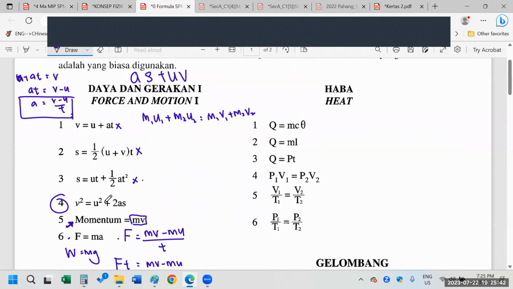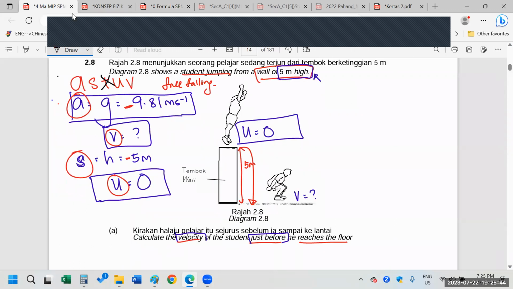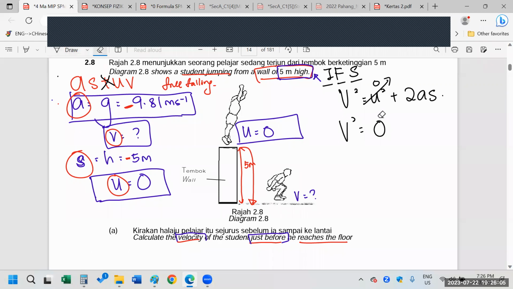V square equals to U square plus 2AS. So always remember, in formula 4, substitute. Then now we can substitute. U squared is 0, don't want to write, so it doesn't matter.